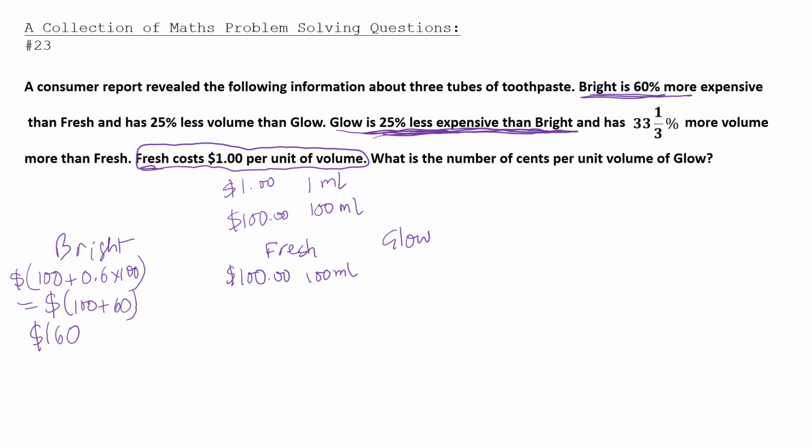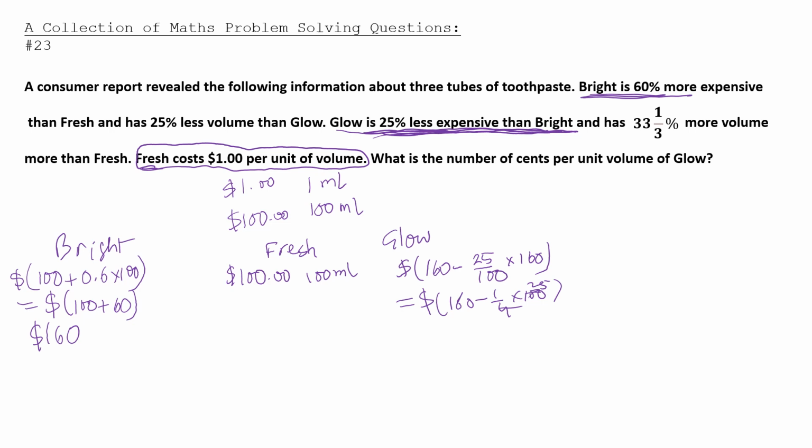Now Glow is 25% less expensive than Bright. So Glow would cost $160 minus 25%. So that is 25 out of 100 of 160, and that is $160 minus 1/4 of 160.